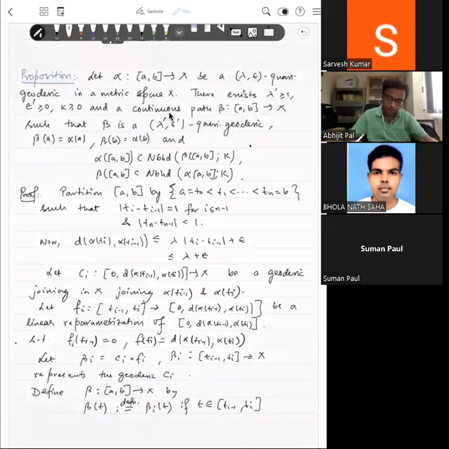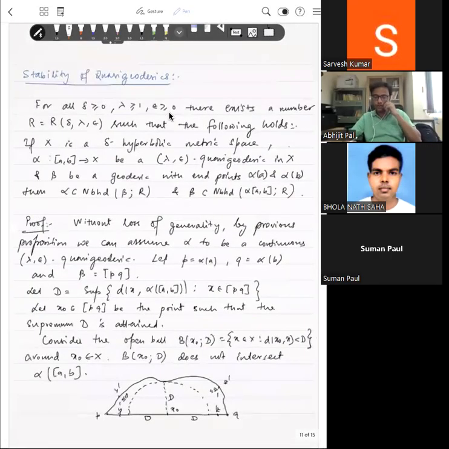So this part I have written. Okay, so therefore, if I am given a lambda epsilon quasi-geodesic, without loss of generality, I can assume that quasi-geodesic to be continuous.